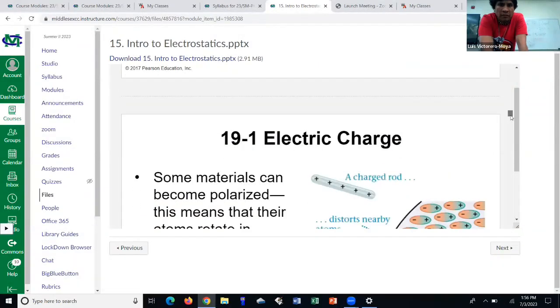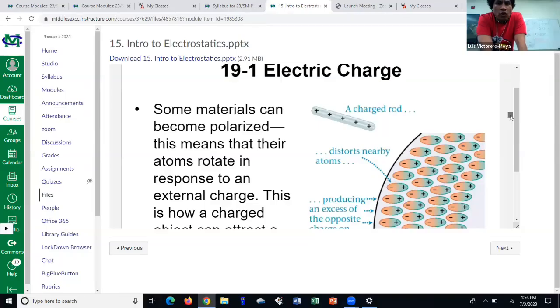All right, I spoke about this already. And then, of course, we have the whole idea of polarization. As I was saying, matter is made of atoms, and in the atom, we find the nucleus and the electron cloud. So can we polarize materials by using a charged rod? Yes, basically you are seeing it there.